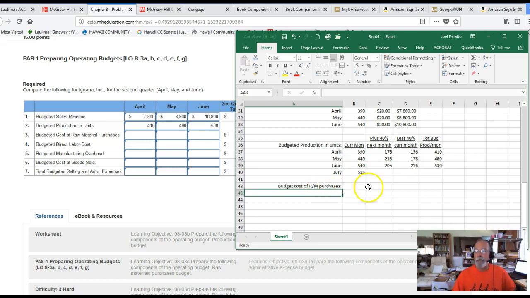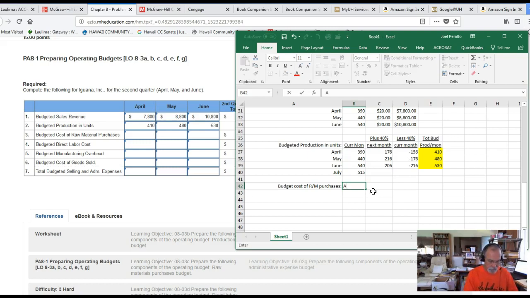And I think we need to start out with our budgeted production in units. So why don't we schedule this a little differently here. Why don't we put our months across: April, May, June, total.